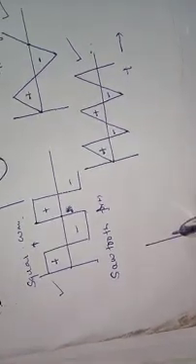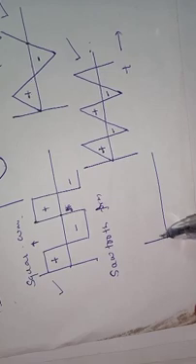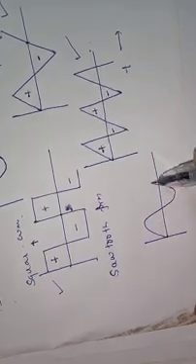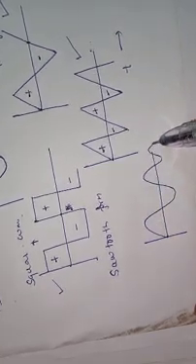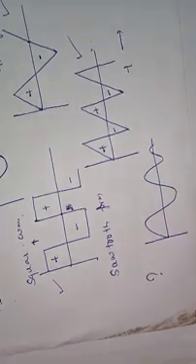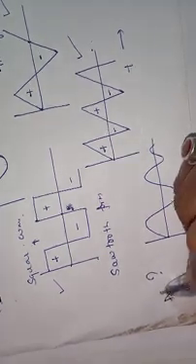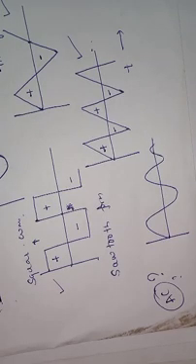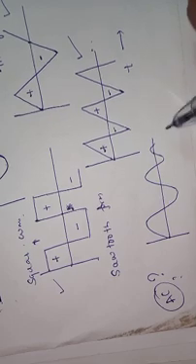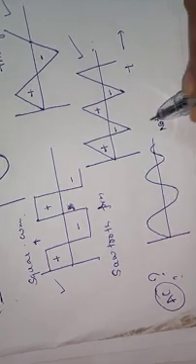Okay, let's discuss about this. Then let me draw a small diagram like this. Could you say this is an AC, alternating current? No, it is not alternating current.